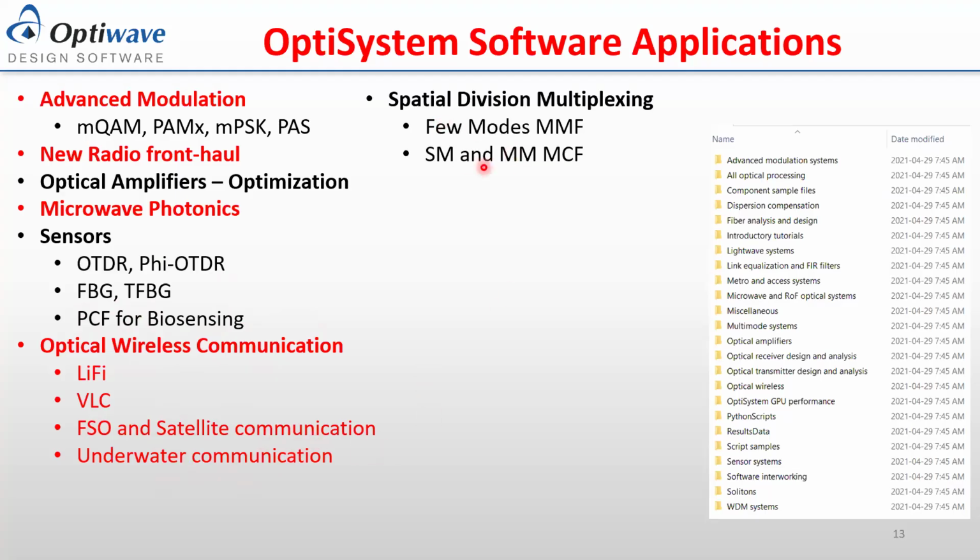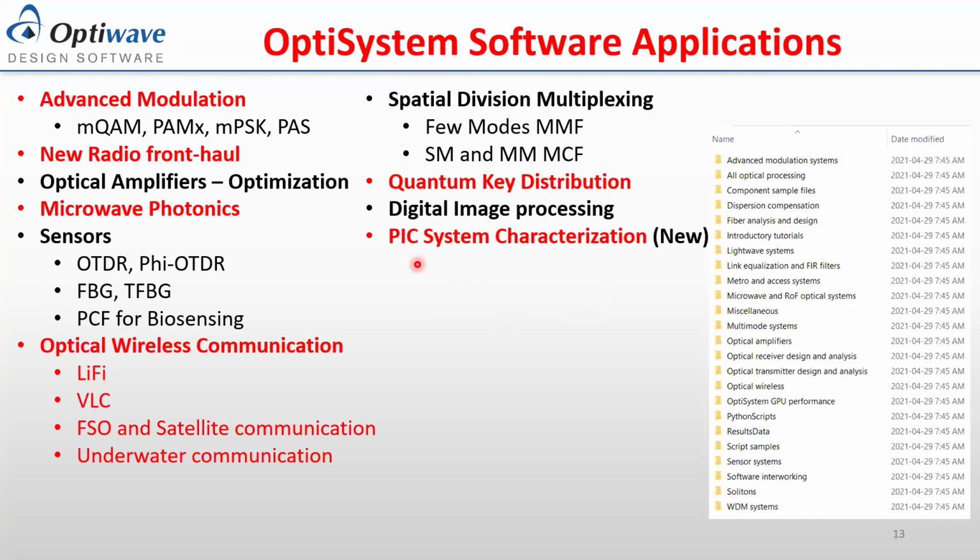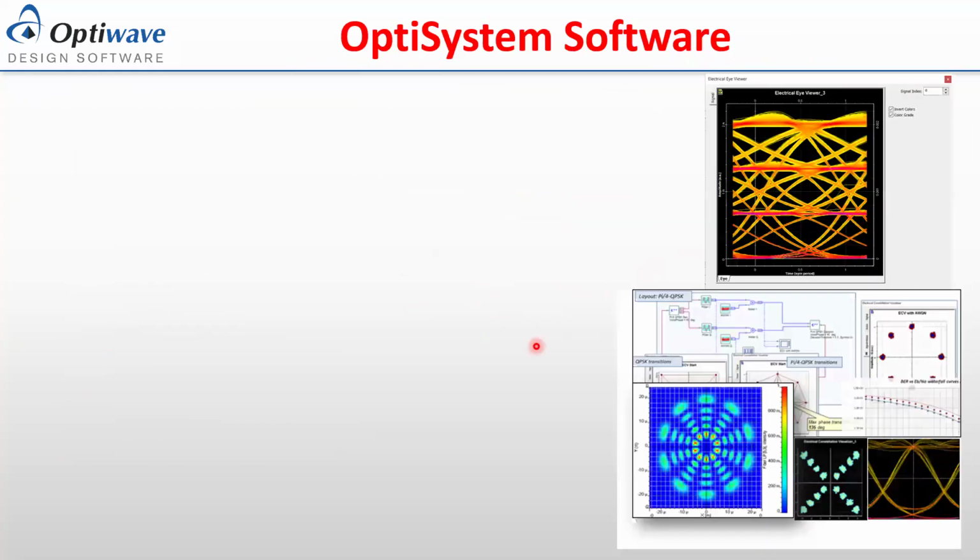There are examples on spatial division multiplexing for few-mode transmission or multi-mode transmission. In SDM, you have single mode and multi-mode, multi-core applications. Quantum key examples, if you are interested, let us know. We can pass you examples. And then digital image processing, as well as the new directory on photonic integrated system characterization, which is something new we added. And there is also a directory on machine learning examples.